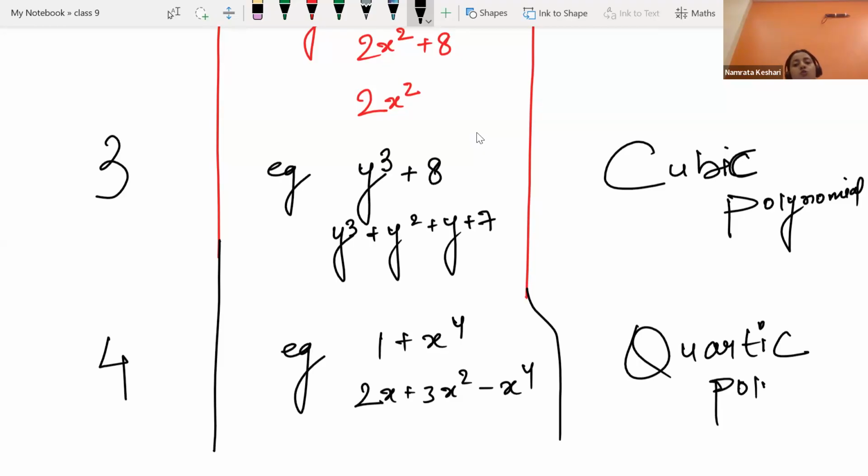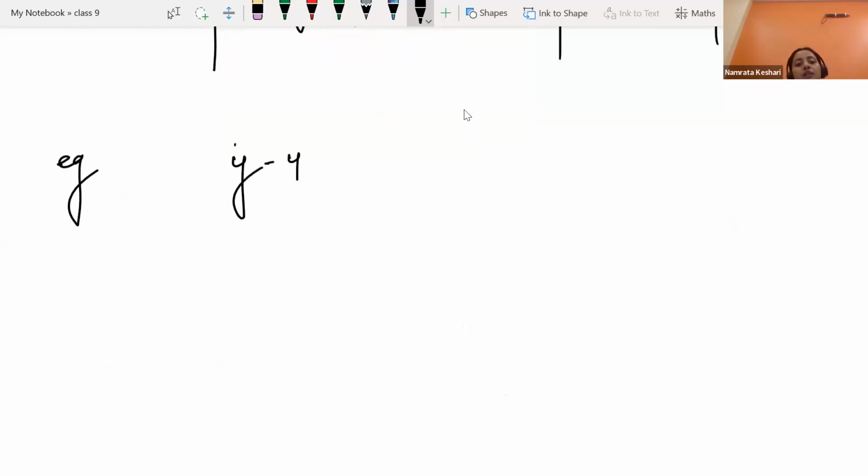That's it. This much you have to learn, because when you start solving questions from your book today, you will find that one of the questions will look like this: suppose you are having y minus y square plus 2y cube plus 8y to the power 4.